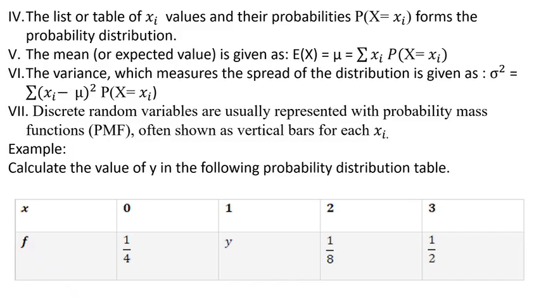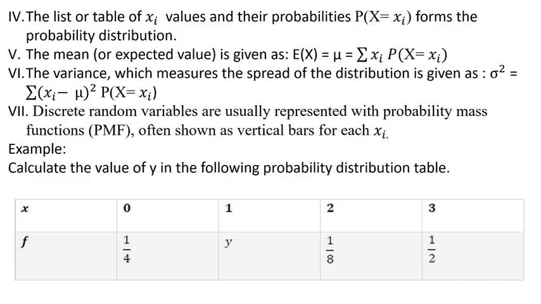That means it is the summation of the xi values times their probabilities. Also, the variance, which measures the spread of the distribution, is given as sigma square equals the summation of (xi minus mu) square times p of x equals xi.